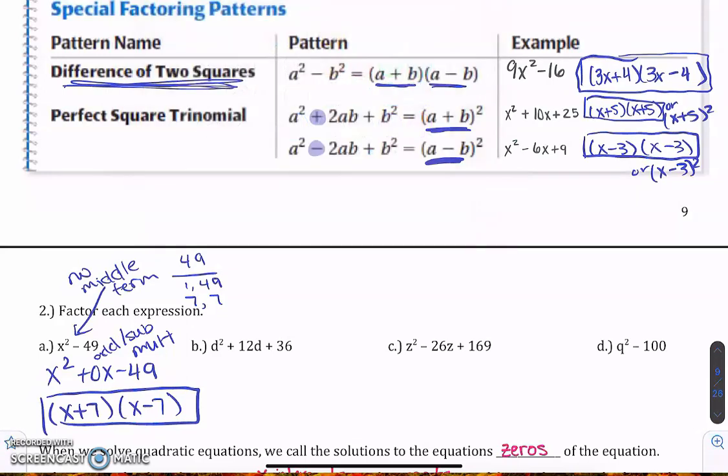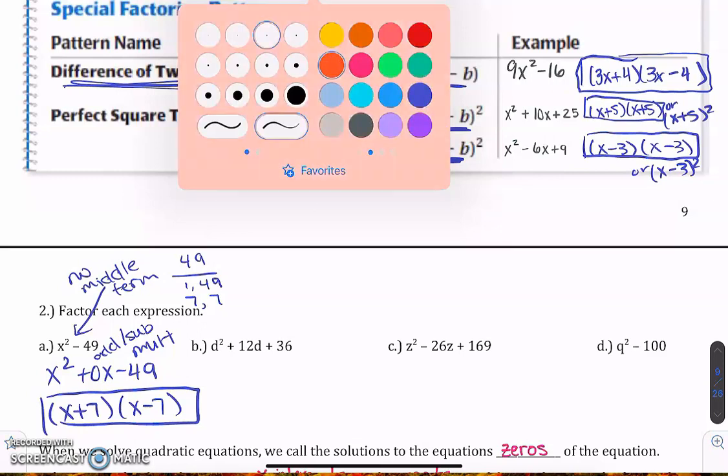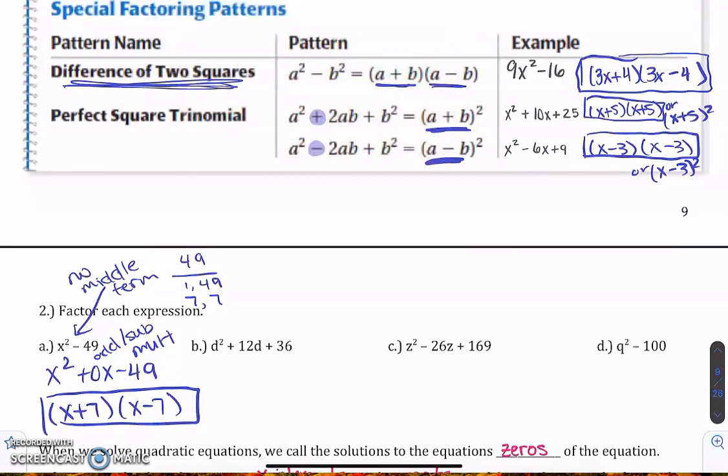So then for letter B, that's going to be your perfect square trinomial. Again, not expecting you to know that off the top of your head right away, but still the same thing as far as trying to multiply to get you 36 and add to get you 12. So if you list your factors of 36, you have 1 and 36, 2 and 18, 3 and 12, 4 and 9, not 5, 6 and 6, lots of factors of 36.